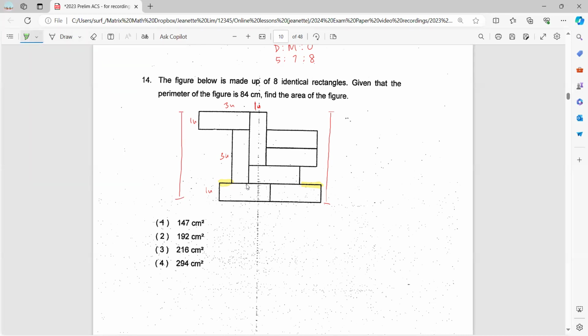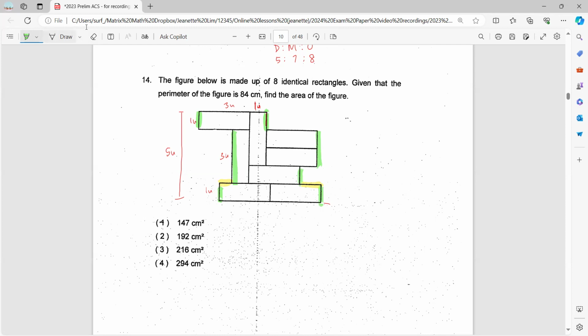Okay, let's highlight. This is a 1, 3, 1. 5 units. So on the right side, also 5 units. Where's the 5 units? This, 1, 2, 3, 4, 5.